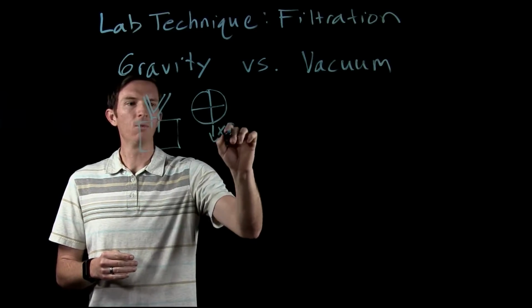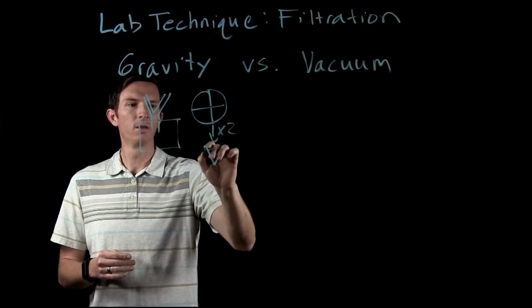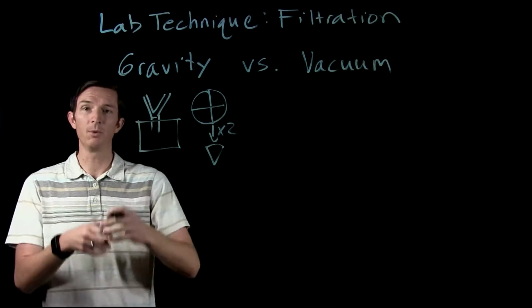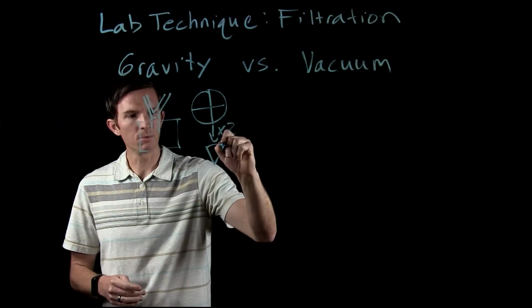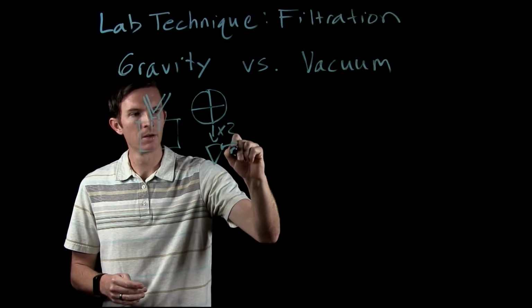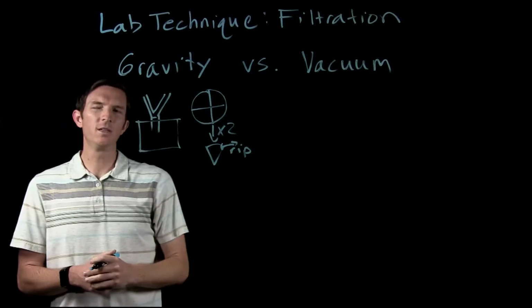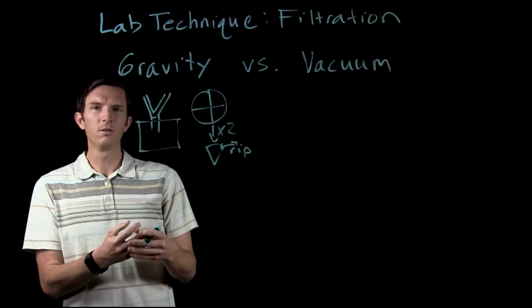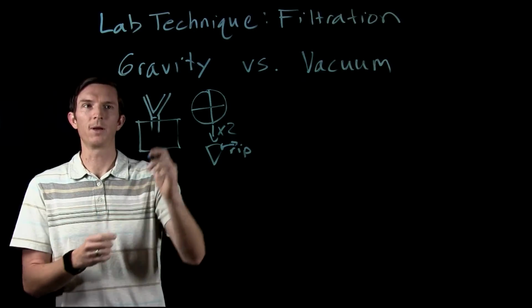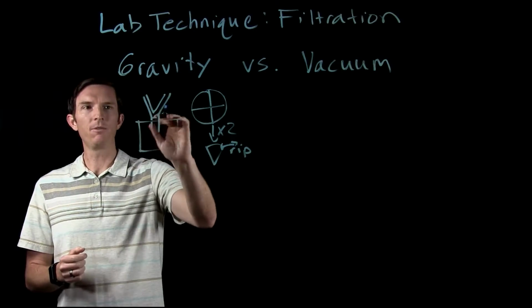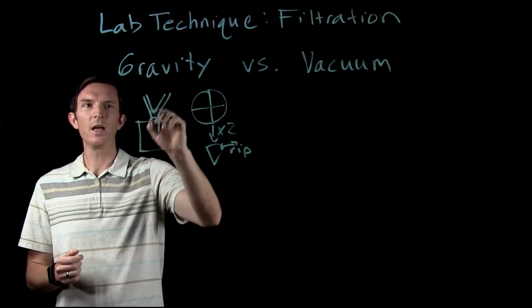When that happens, we end up with a V shape that we can open up and put into our funnel. Usually we'll rip off a little piece, and that allows the paper to fit really well in the funnel and it sticks. So we now have our funnel sitting with our filter paper inside of it.